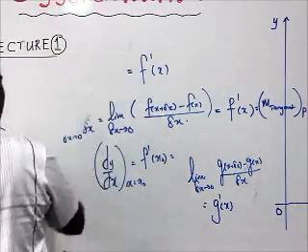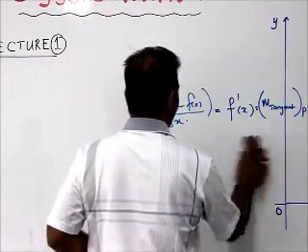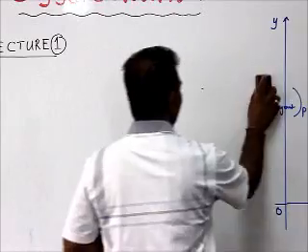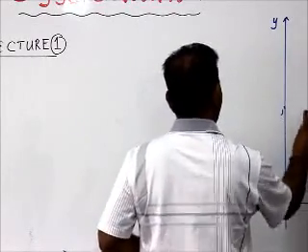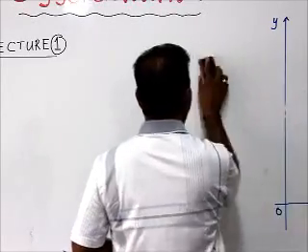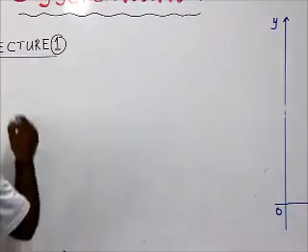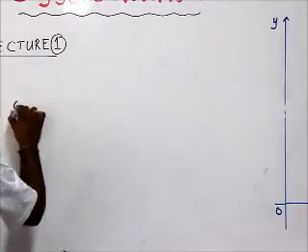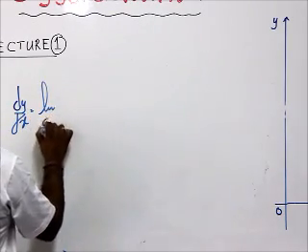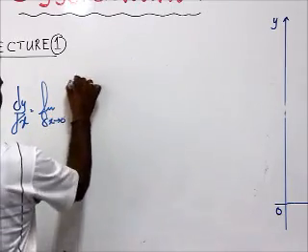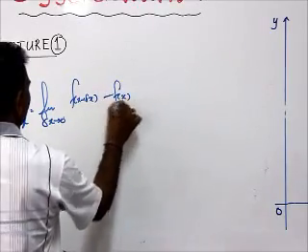So now we will find dy by dx for any function. What is the formula for dy by dx? dy by dx is equal to limit of delta x tends to 0, function of x plus delta x minus function of x over delta x.